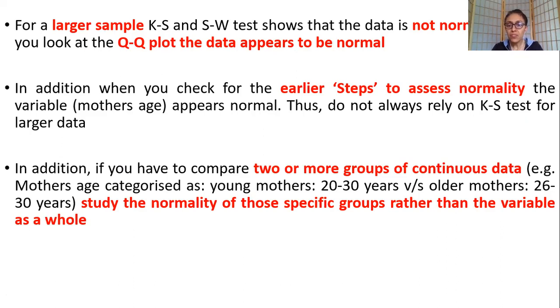But yes, if I divide the mothers into two groups, I would test the normality for both of these groups. I would not just assume it for the overall mother's age. So I would run the normality testing for the younger mothers' age group and the older mothers' age group. Study the normality for those specific groups rather than the variable as a whole.